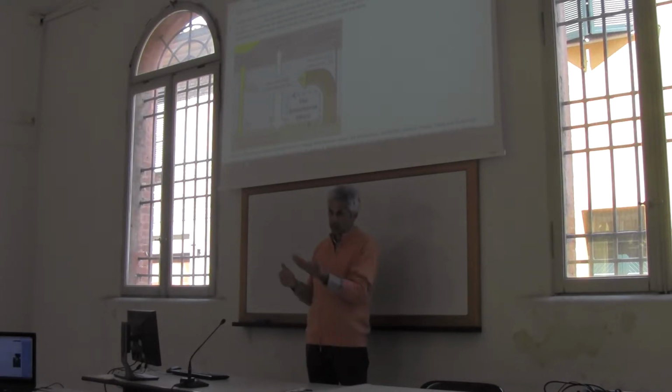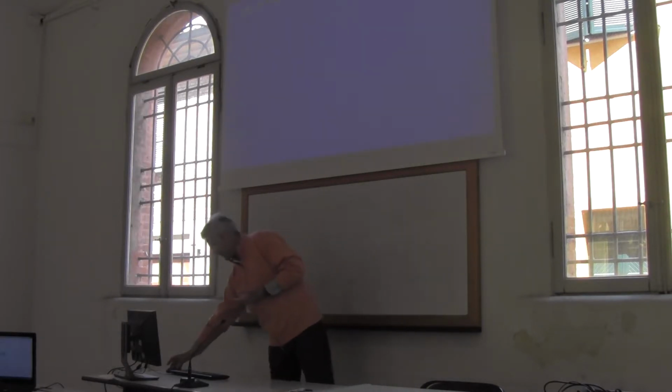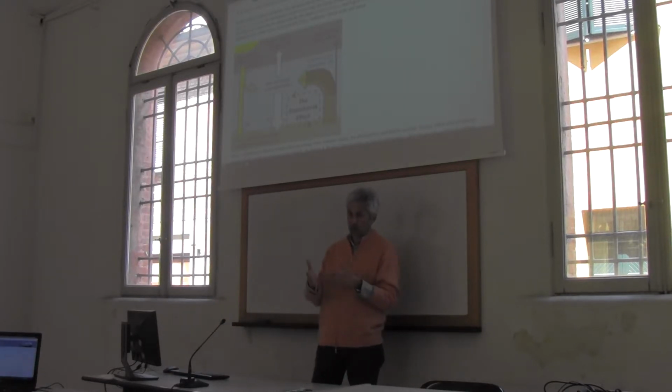And I give you another example which is related to this. We think that with increased temperature, evaporation should increase. So the logical reasoning is: warmer climate, more evaporation, more rainfall.